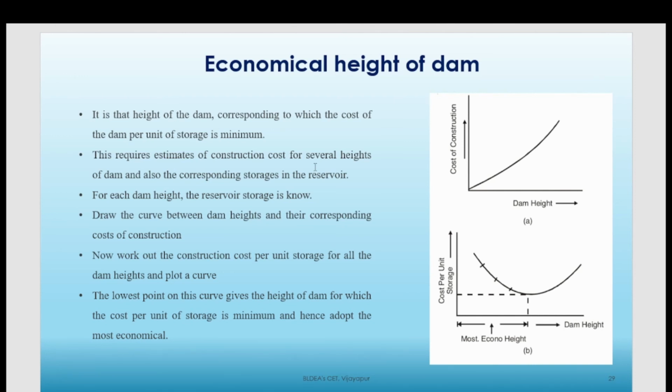We need to keep this in mind, and then we find the cost per unit storage, which is the cost incurred with respect to the volume of water that is stored.